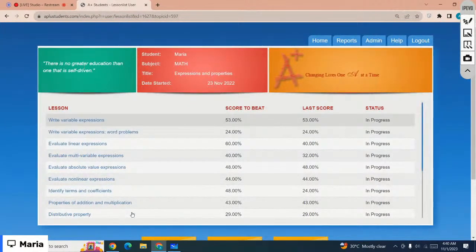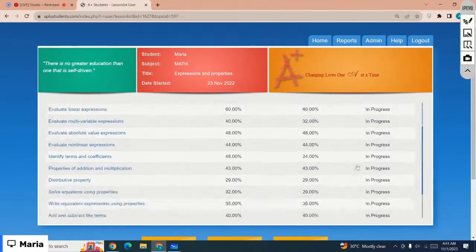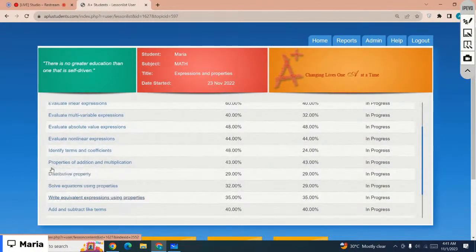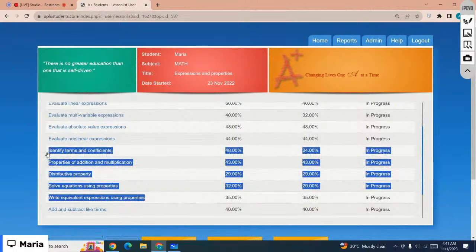Yes, that is expressions and properties, and the lessons we have covered today are identify terms and coefficients, properties of addition and multiplication, distributive property, solve equations using properties, write equivalent expressions using properties. So please make sure before the next session you can complete all the practice questions for the lessons we did today.